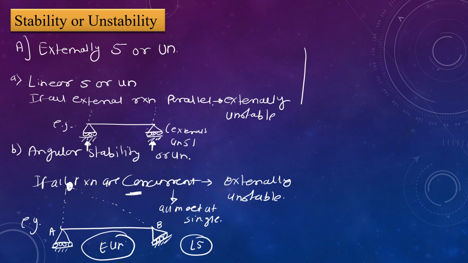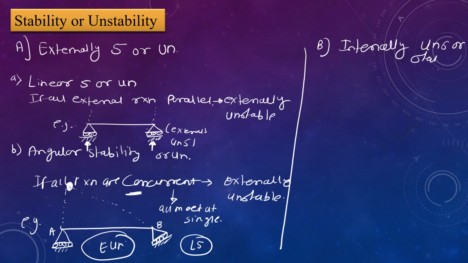Then next, B is internally unstable or stable structure. There are a number of members here. If this is a frame, then in the frame this is the first member, this is second, and this is third member.